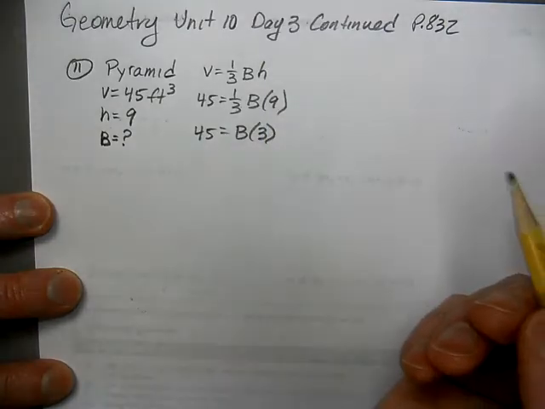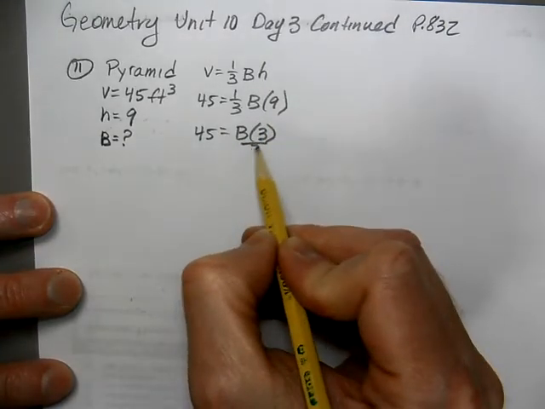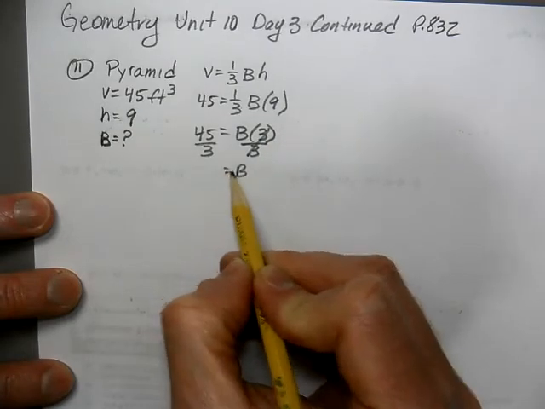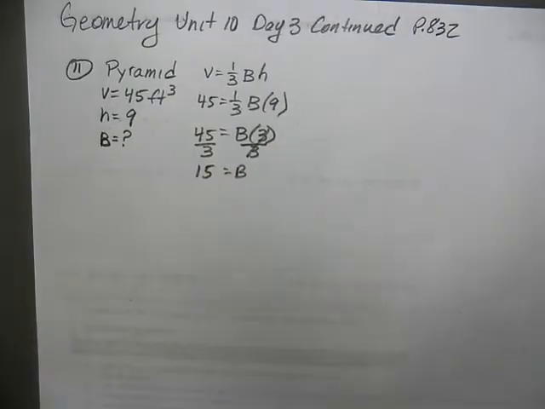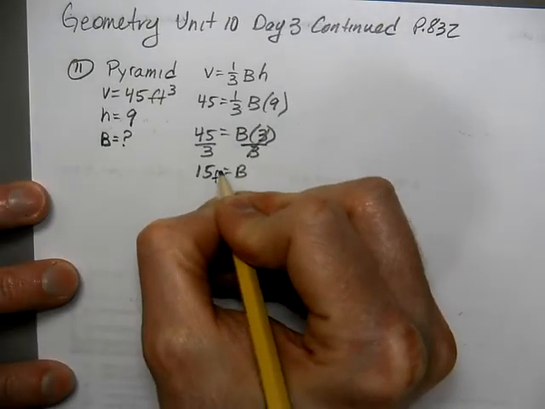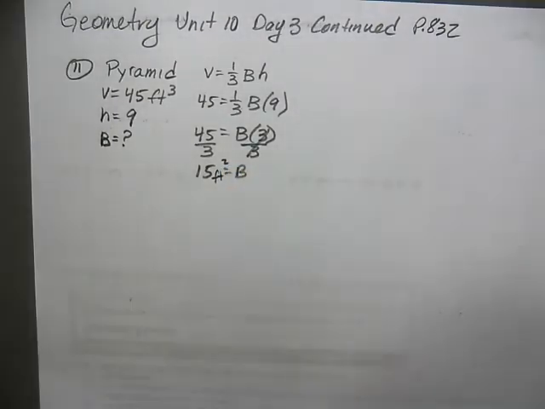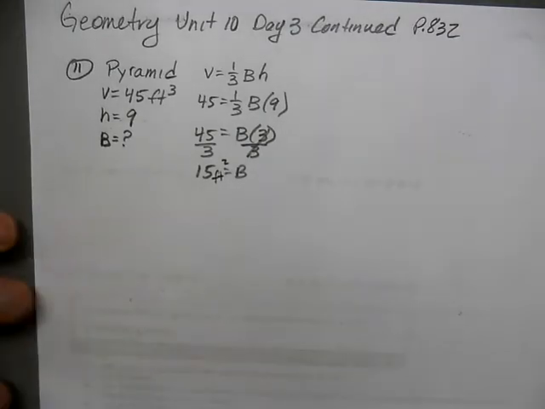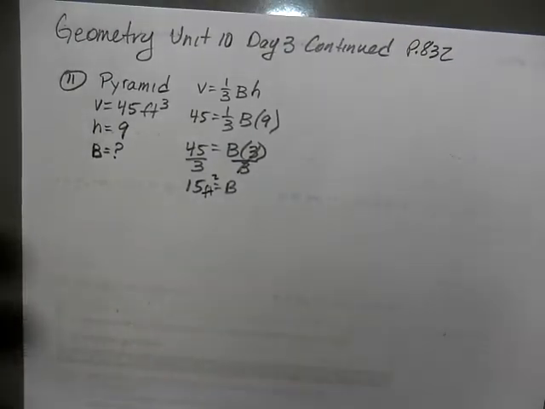And I'll divide the 9 by 3. Then I can divide the 45 by 3. So we're going to get an area of 15 feet squared, because the area of the base of a pyramid is going to be a two-dimensional figure, length times width. So it's units squared.